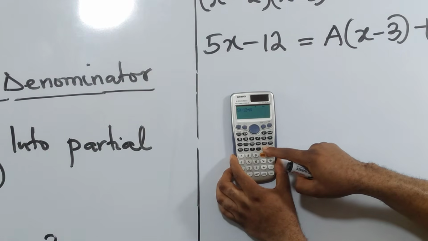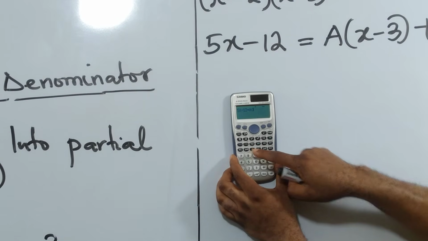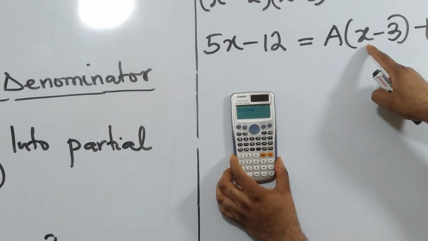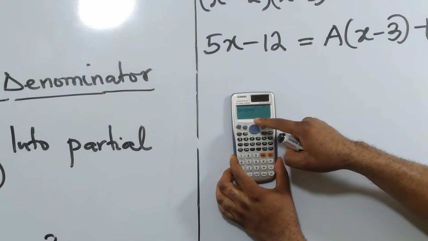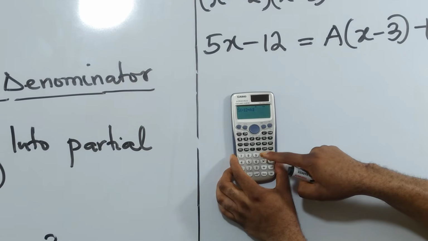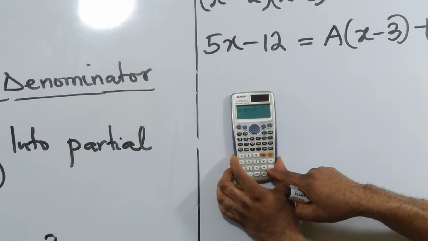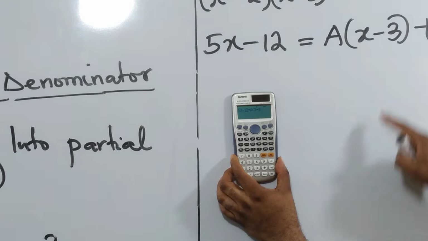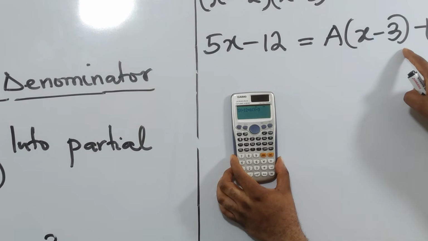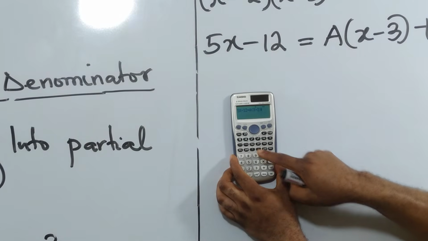After that, open the bracket, then next is to key in X. How? Alpha close bracket. Remember what I told you? X has appeared. Next is minus 3, like this. I have finished keying this. What is the next thing? Close the bracket.